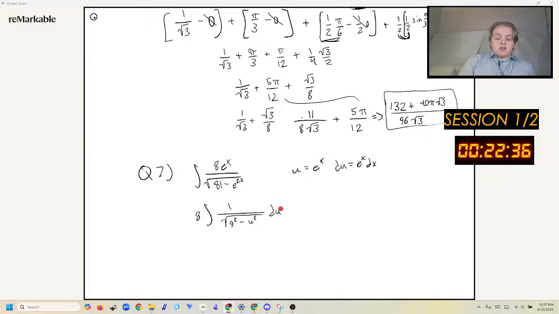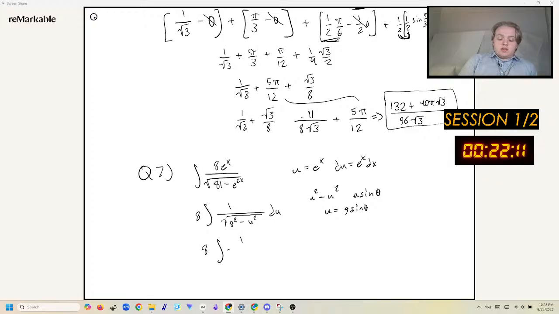It's awesome because in equations of the form a squared minus u squared, we can substitute u for a sine theta. So in this case, u equals 9 sine theta. And you'll see why that's helpful in just a moment.